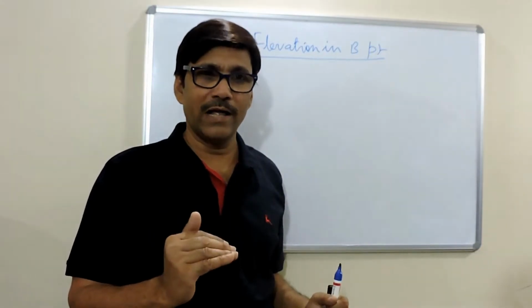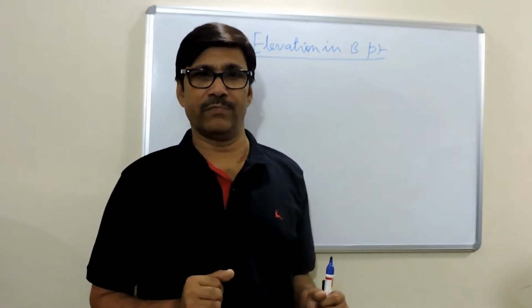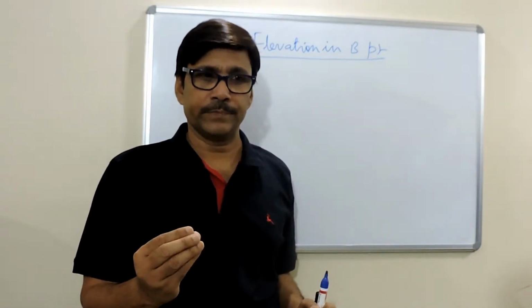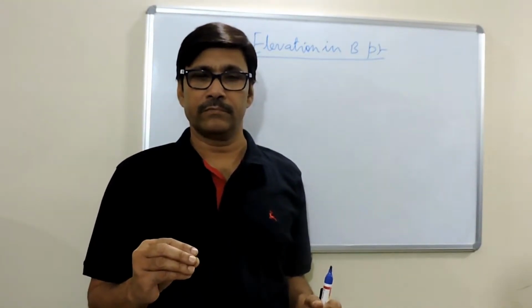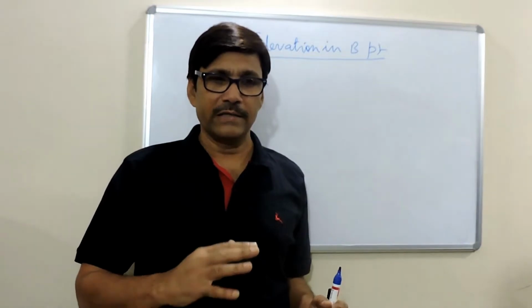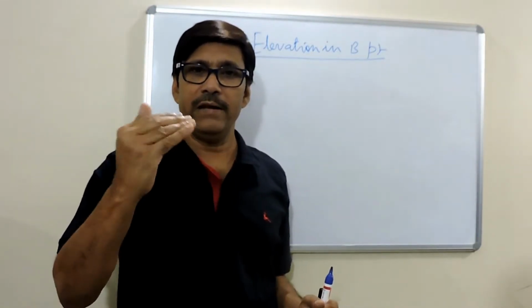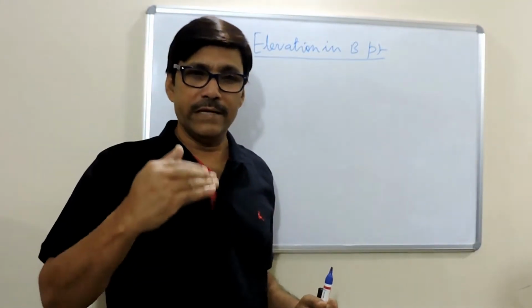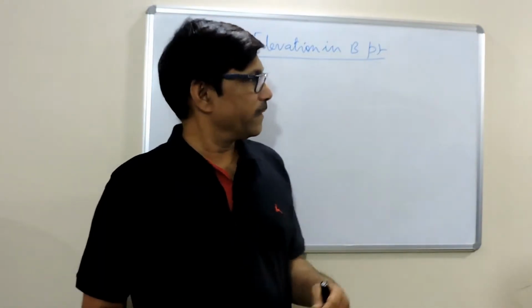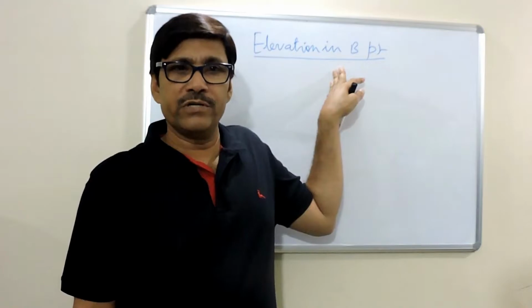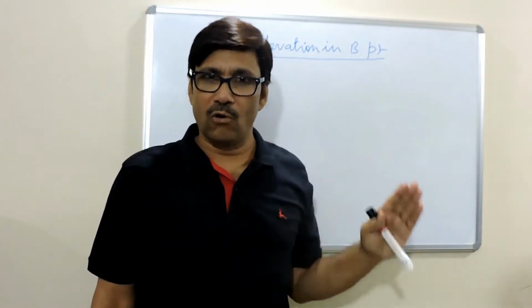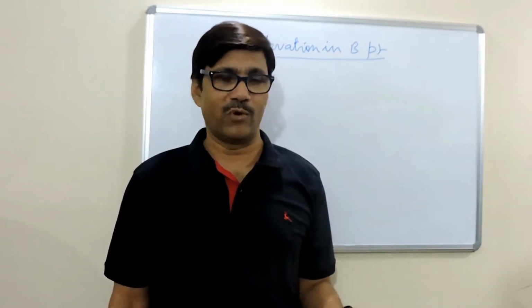It will boil above 100 degrees Celsius. So if some solute is present in a liquid, then its boiling point will increase. This increase in boiling point due to dissolved non-volatile solute in a liquid is called elevation in boiling point.